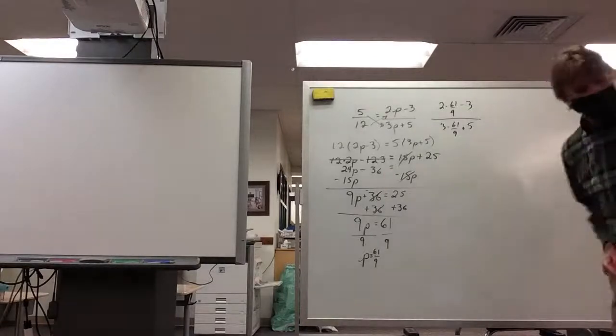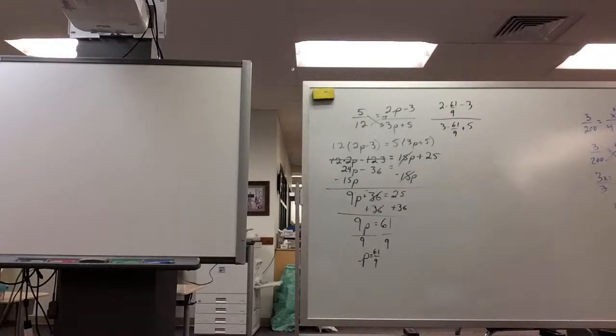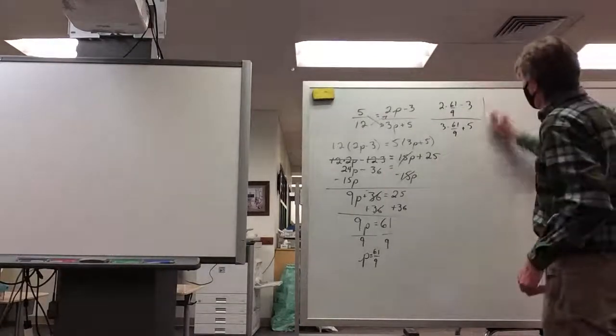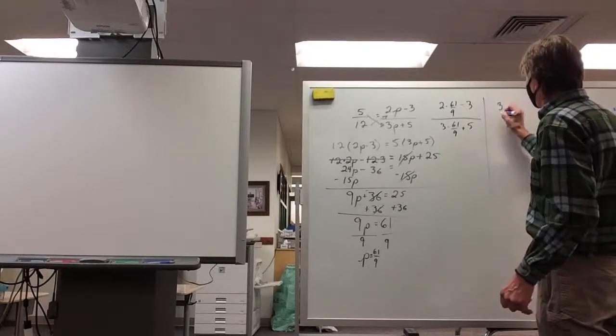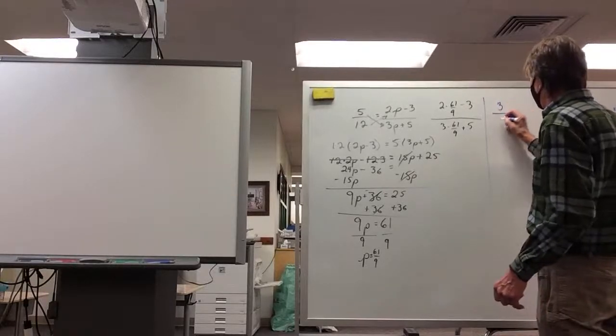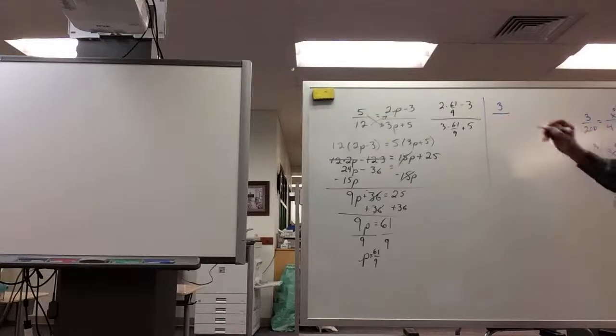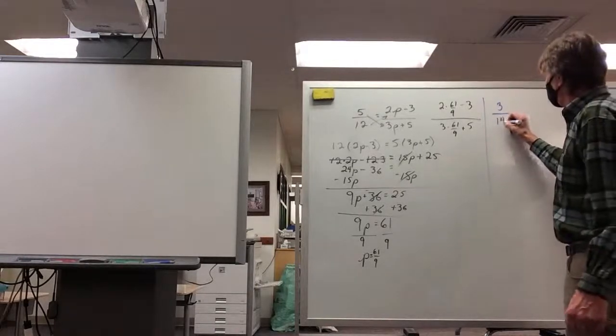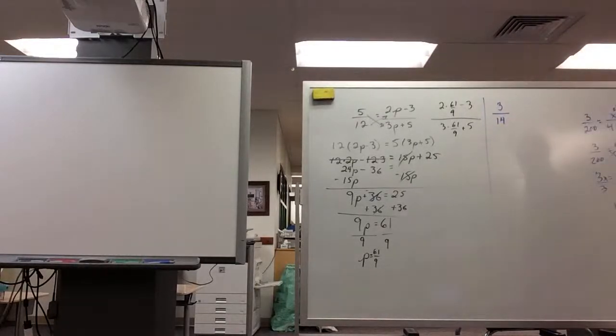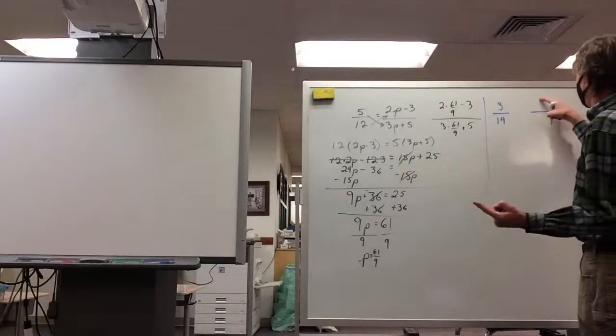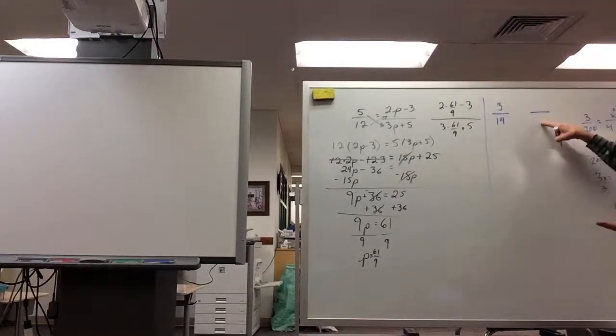So with that problem, I guess we could look at it like this. There were 3 that were tagged out of, how many? 14. Out of 14. So that's the ratio of tagged to not tagged. So if I wrote another fraction of tagged to total, how many did they put out into the field? 60.